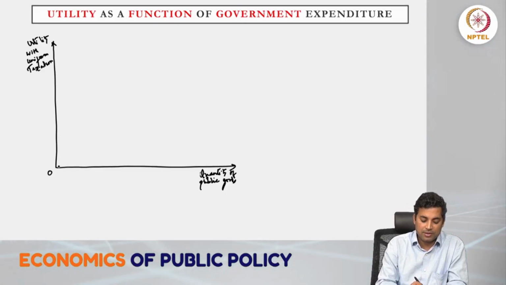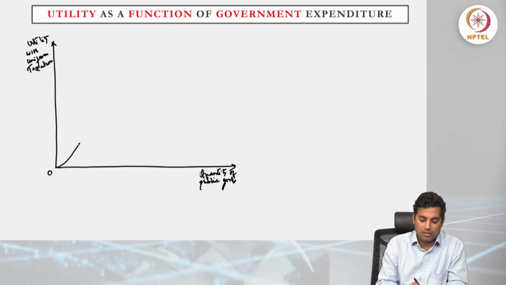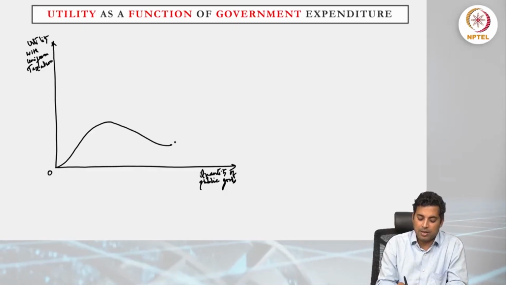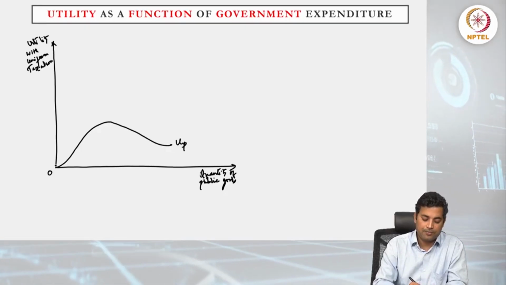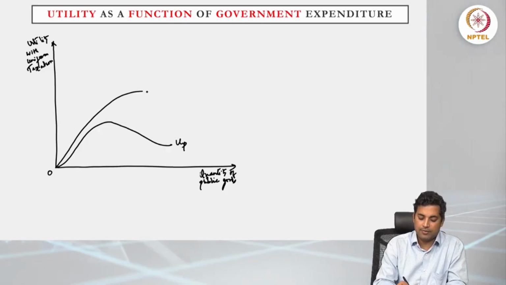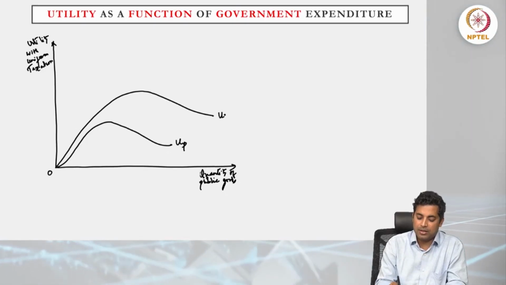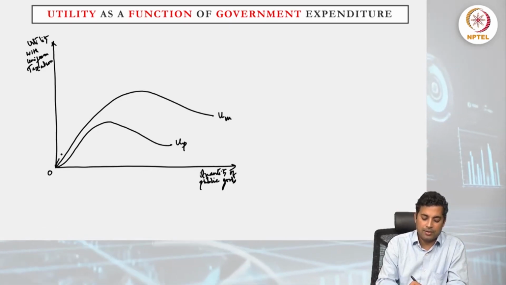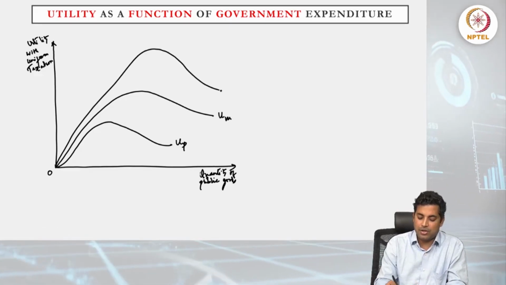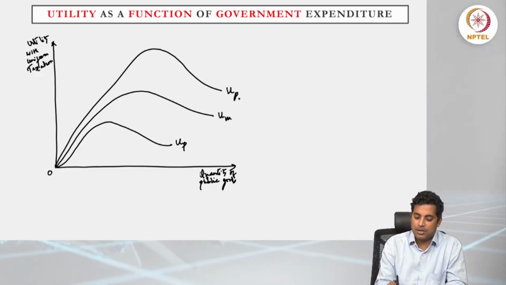So assume this one is the utility for the poor income household, then this is the utility for the middle income, and then this is the utility for the rich.